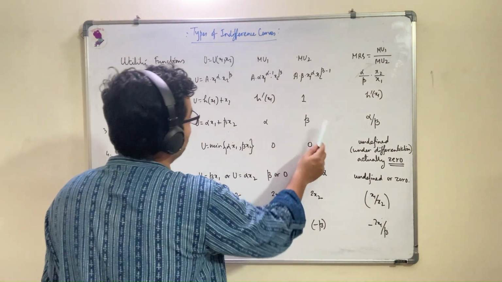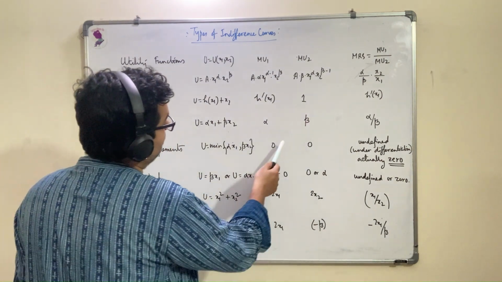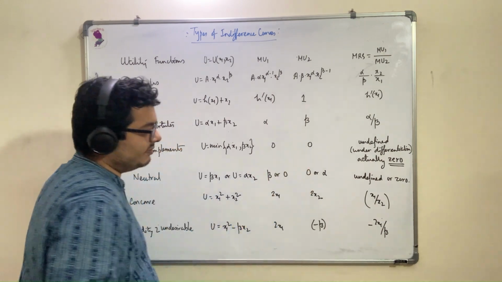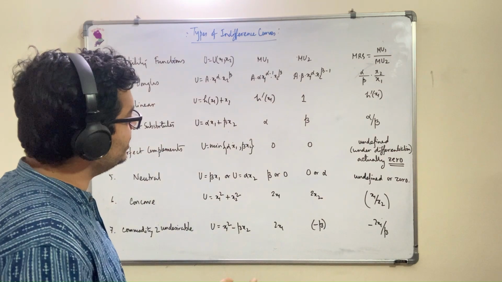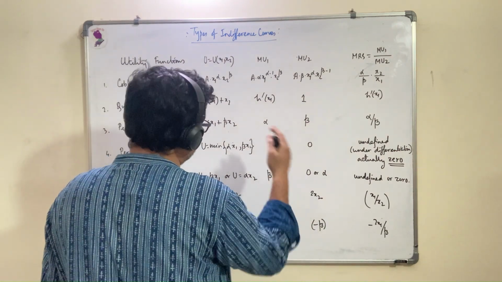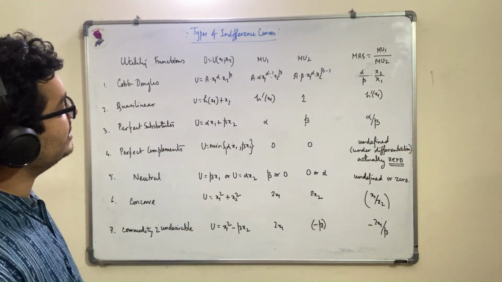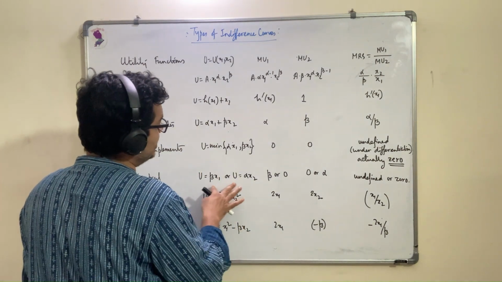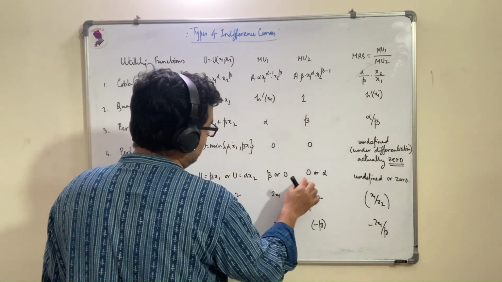Then the mu1 and mu2, obviously because it is complement, so mu1 and mu2 both are 0, because if you increase the utility of one commodity single-handedly, then it will not affect the total utility at all. Here also for the neutral commodity it applies. Okay, so it is written in the same pattern, beta x1, alpha x2, beta or 0.